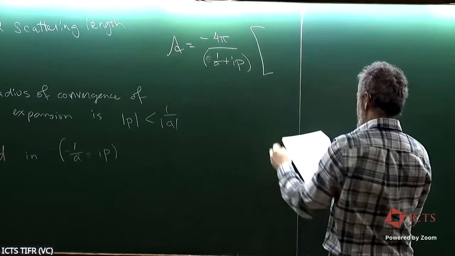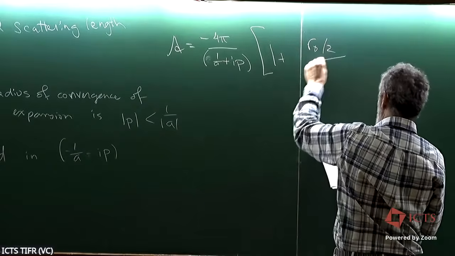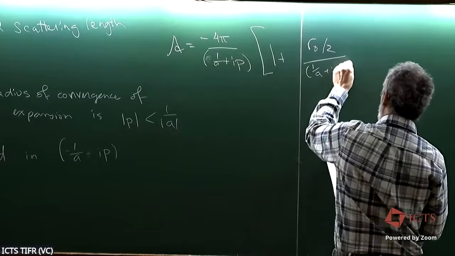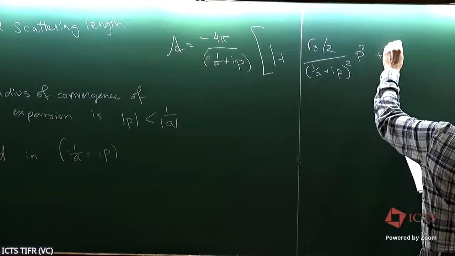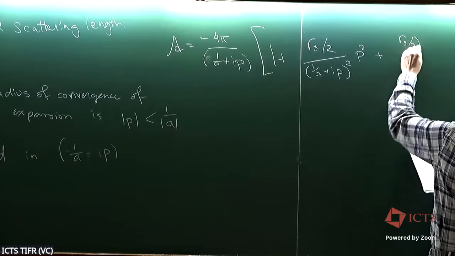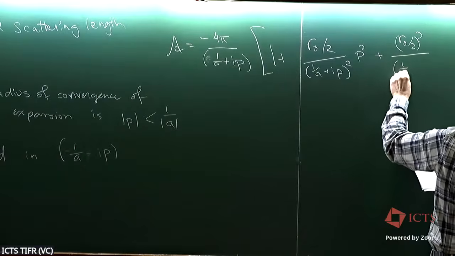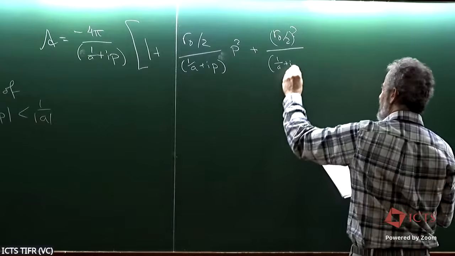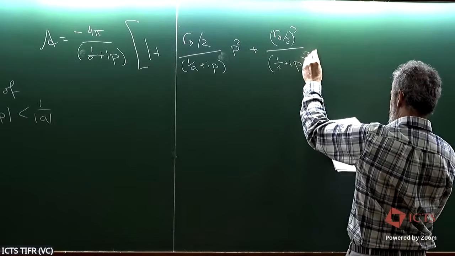And then I get 1 plus r naught over 2 divided by 1 over a plus ip, squared, p squared, plus r naught over 2 squared over 1 over a plus ip, now it's squared, p cubed, p fourth.